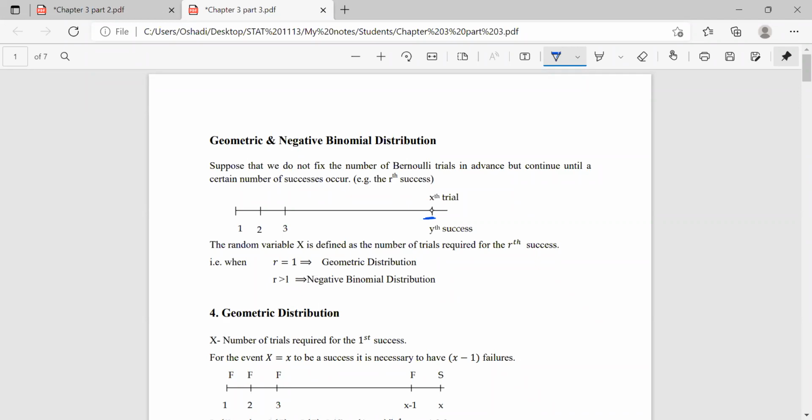So that is the geometric and negative binomial distribution. So let's first consider the geometric distribution. In the geometric distribution, the random variable x is the number of trials required for the first success.